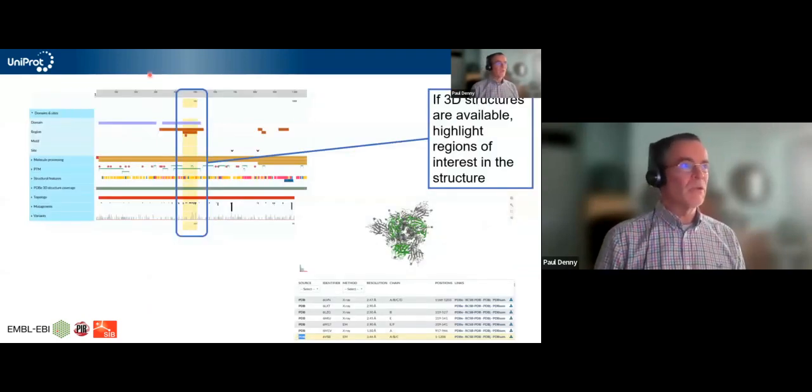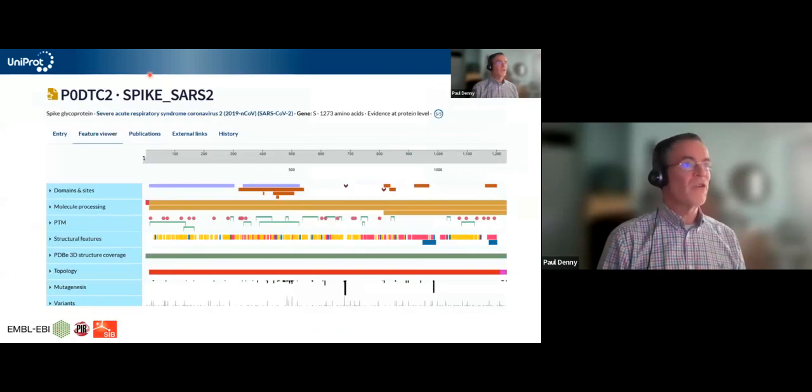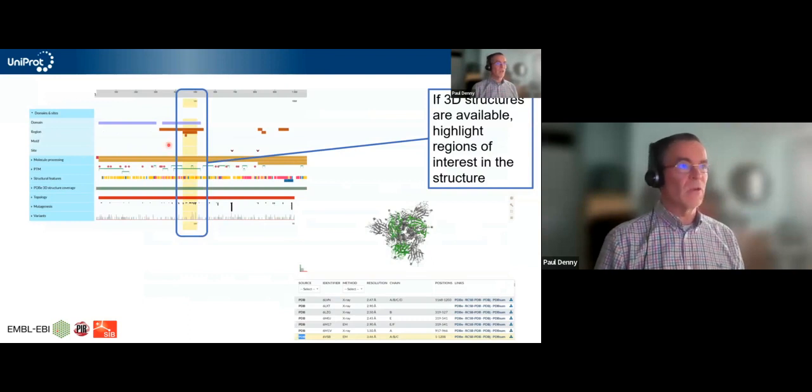And in this example, what I've done is I've switched to what's called the feature viewer. As I mentioned earlier, this is an alternative way of viewing the data for a specific entry. And in this next view, I've highlighted this yellow rectangle here, which is then circled in blue.